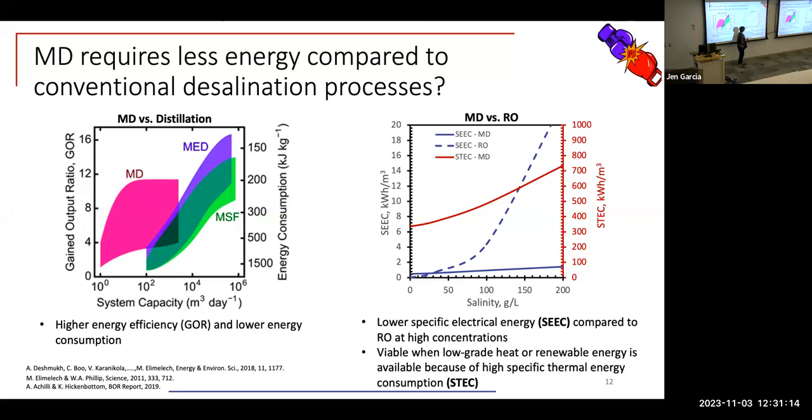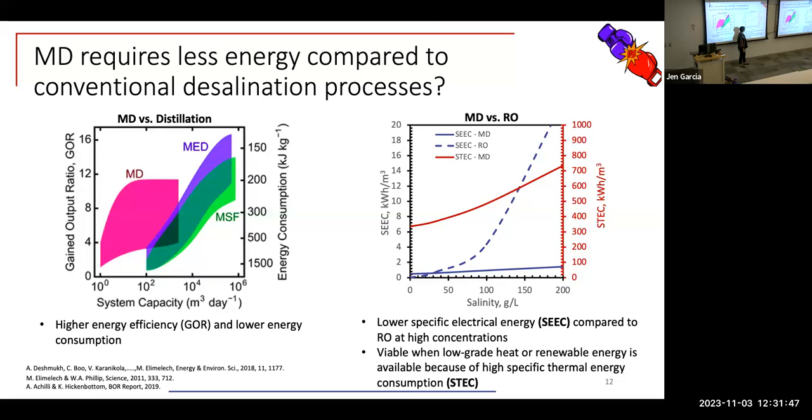For reverse osmosis, this dashed blue line here, the cutoff is about 70 grams per liter of salinity. About here, we see this exponential increase in electrical energy consumption. So it takes a lot of high quality energy to concentrate water or produce water past a certain point.